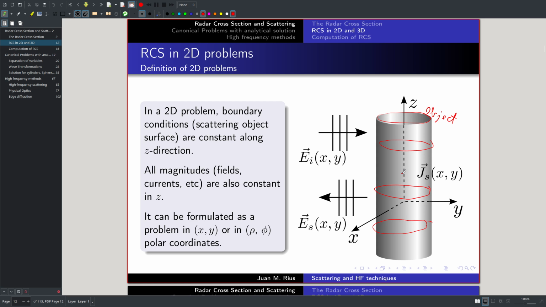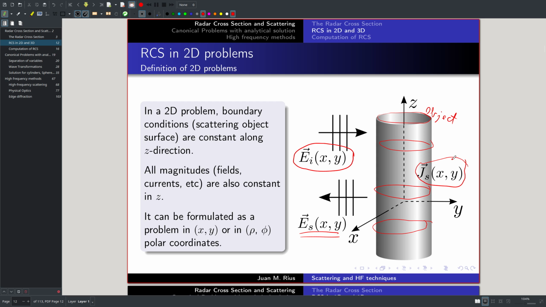So if the object surface does not depend on the z coordinate and the incident field also is independent of the z coordinate, then the scattered field will be independent of the z coordinate, and all the magnitudes like current, charge, etc. will be independent of the z coordinate. All magnitudes will depend only on x and y. For this reason, we call this problem a two-dimensional problem, because we only use x and y coordinates to represent all magnitudes.